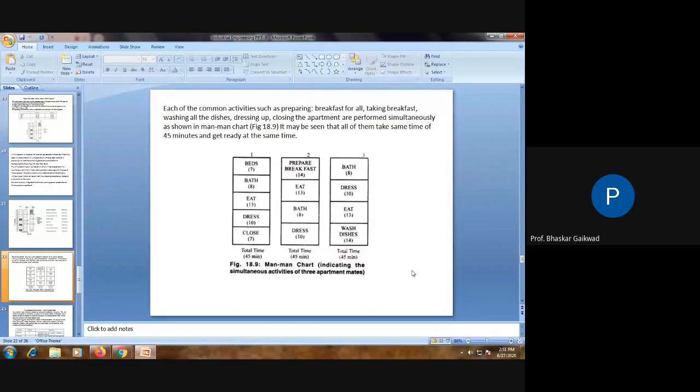Similarly, on the shop floor in industry, you can take three machines, three men, their same operations and calculated times. The main purpose of studying this time is to find which machine or which activity requires more time, so that we can reduce it. This study is required when more than two or three machines are handled by two or three operators; we require man to man charts.